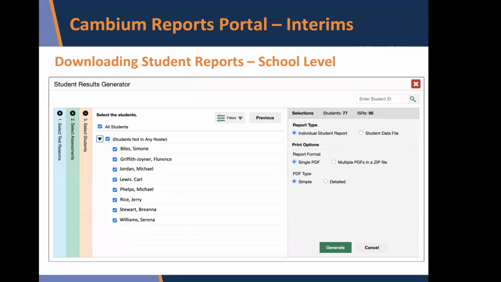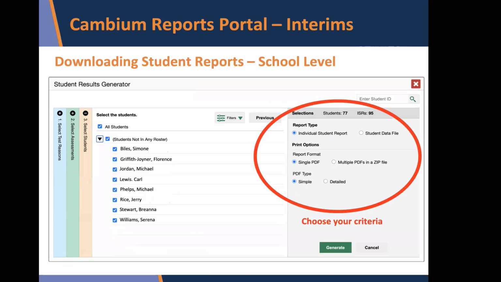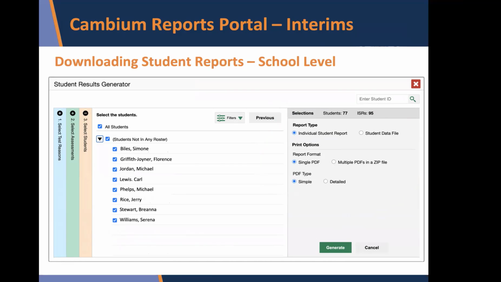I'm just going to choose all students. Then on the right-hand side, they have our report types. For right now, I'm going to choose an individual student report, a single PDF, and simple. Then I'm going to generate it.